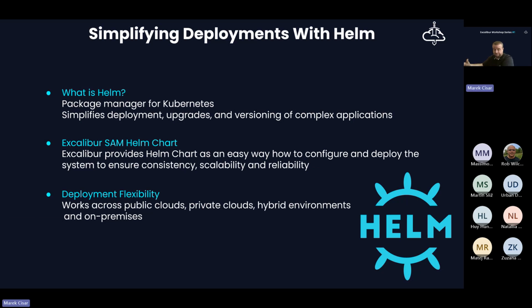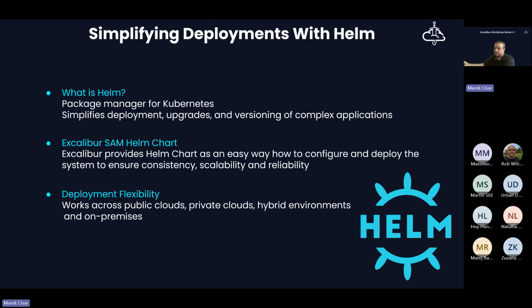Typically, the vendor, such as Excalibur, will create their own Helm chart, which is flexible, can be configured with an external file, and then using the Helm utility, it can be deployed on the existing cluster.